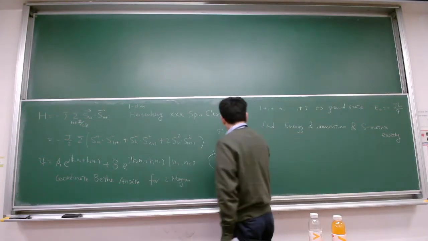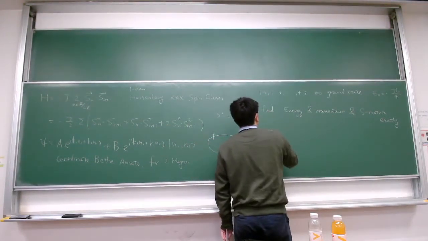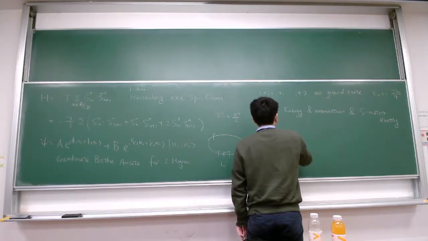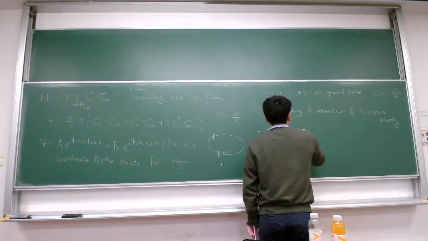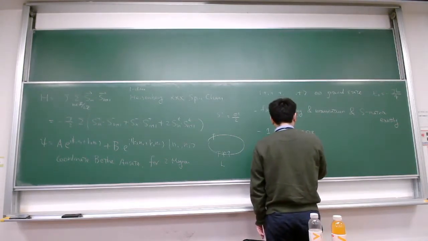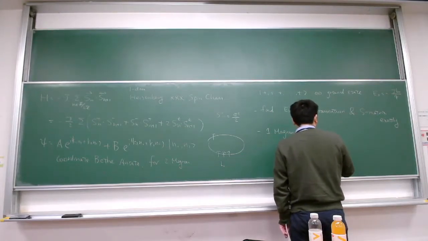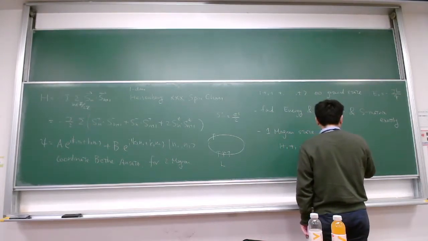And to do that, first, last time we considered the one magnon state, which has plus, and at some point you have a minus sign, and then plus.